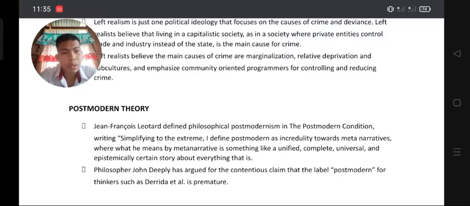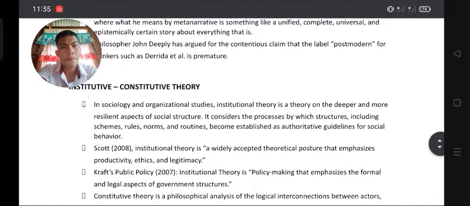Philosopher John Deely has argued that the label postmodern for thinkers such as Derrida et al. is premature.